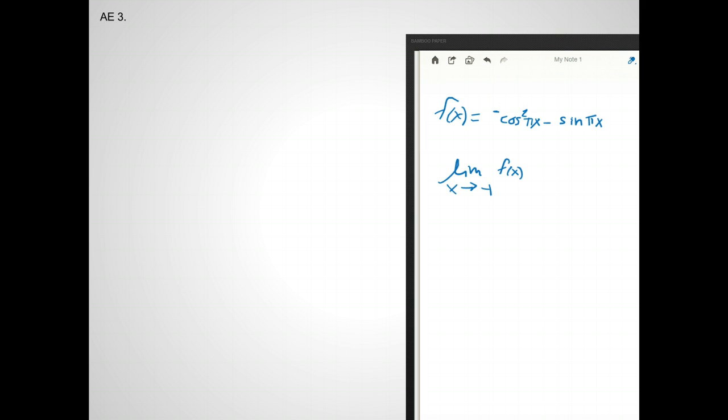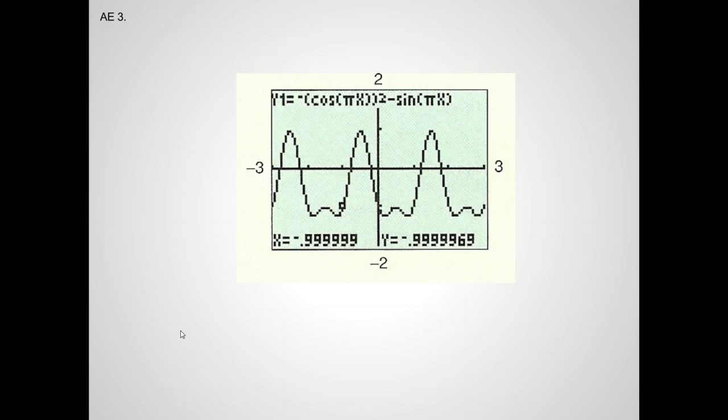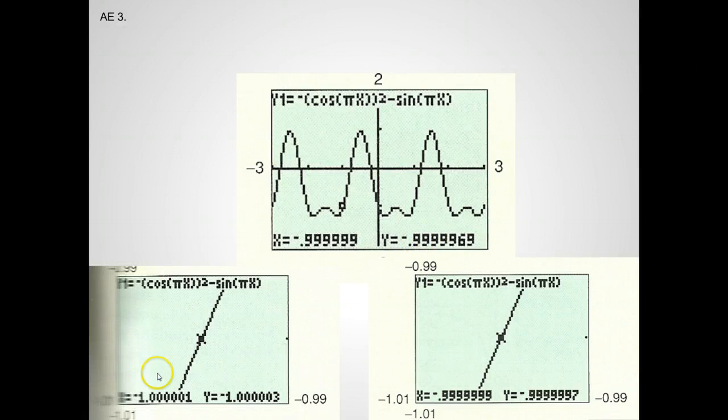So of course we're curious about a graph. So here's what our graph looks like. -1 is located right here. So if we look at it, it looks like it's getting closer and closer to a y value of -1. If we zoom in to this point and try different values, we can see that as we come from the right side or the left side, this is coming from the right side because our values are ever so slightly larger than -1.